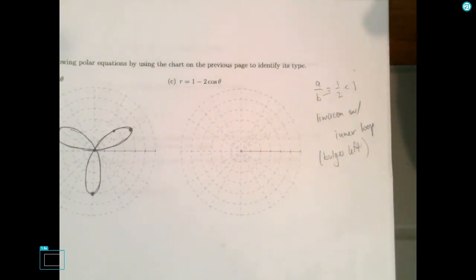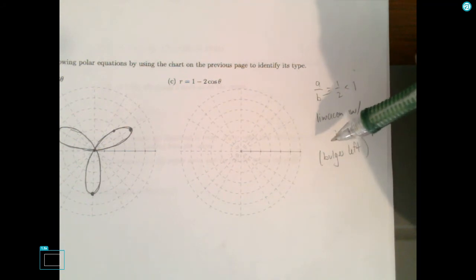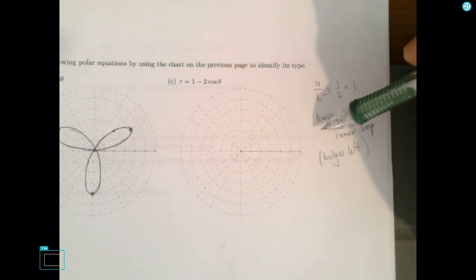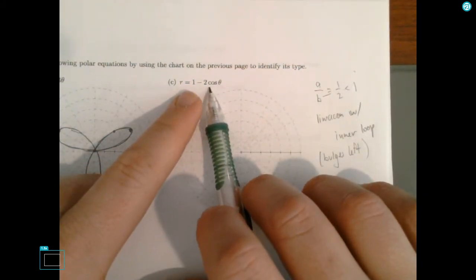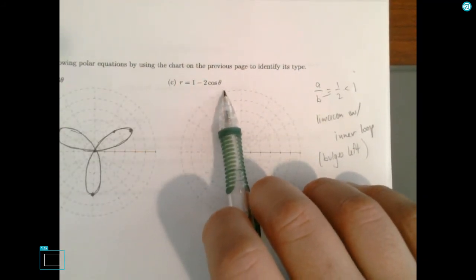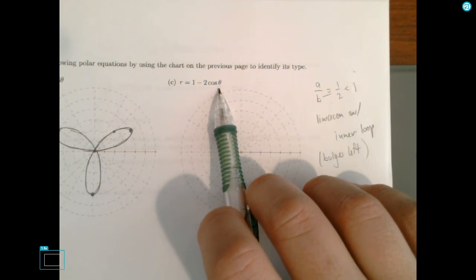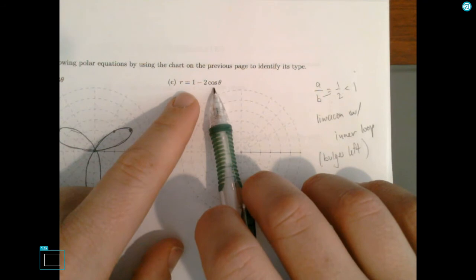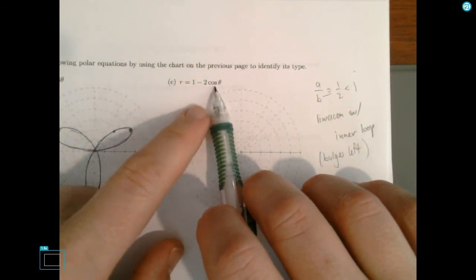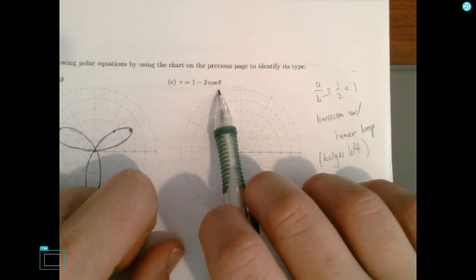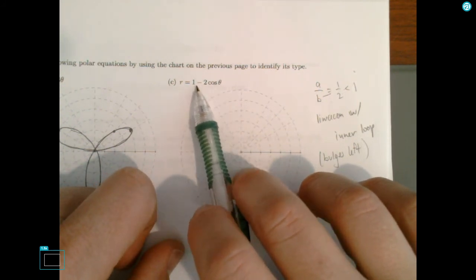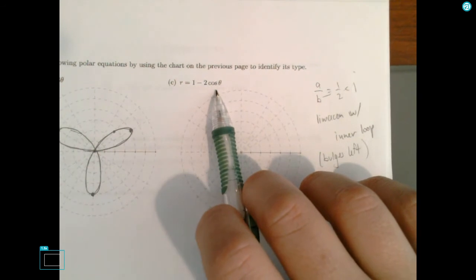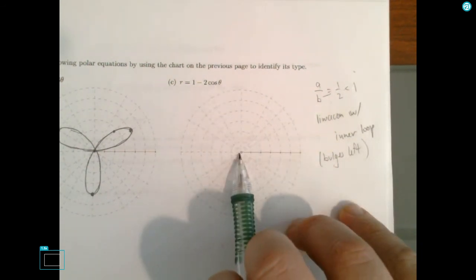So since I know that it bulges left, I can try to figure out how big it is going to get, and what the inner loop is going to be. The biggest it's going to get, because we're subtracting, is when cosine theta is -1, because then -1 times -2 will be +2, and r will be 3. So when is cosine equal to -1? It's equal to -1 here at pi.